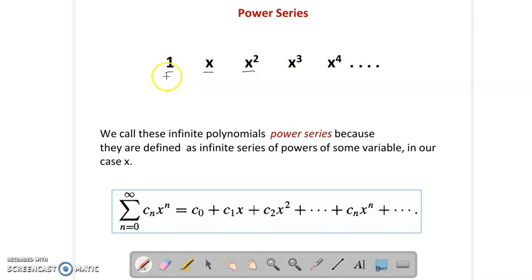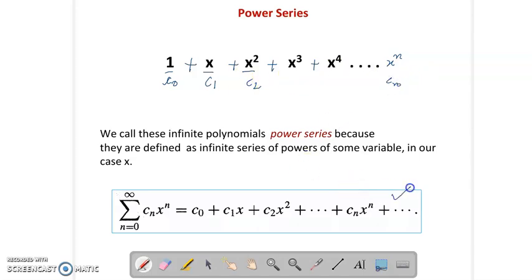So multiply this 1 by some constant c naught, then multiply x with c1, x square with c2, and we keep on going like this, and we're going to multiply x to the power n with cn, and then we're going to add them up to form an infinite series in terms of powers of x.